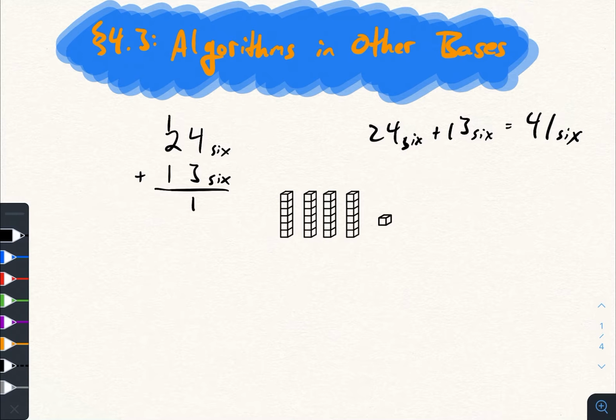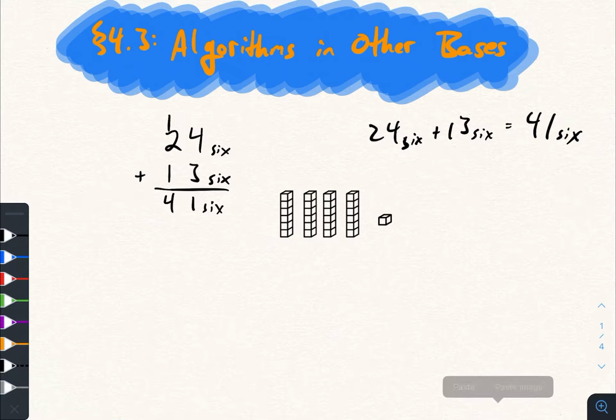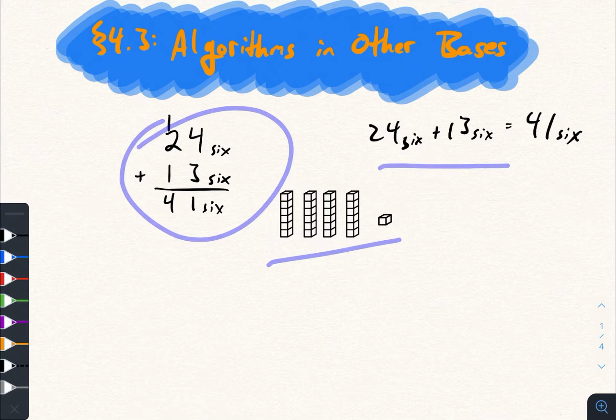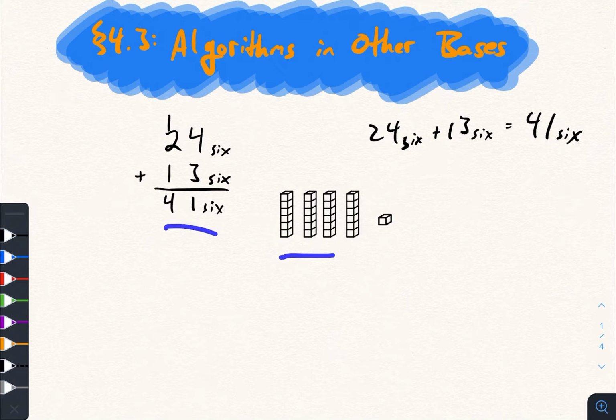So it's really 11 base 6. Okay. And then I have 2 plus 1 plus 1. Add those all together, and I get 4 base 6. Because that's 2 groups of 6 plus 1 group of 6 plus 1 other group of 6. So this is 41 base 6, and that's how this whole thing is mirroring this.